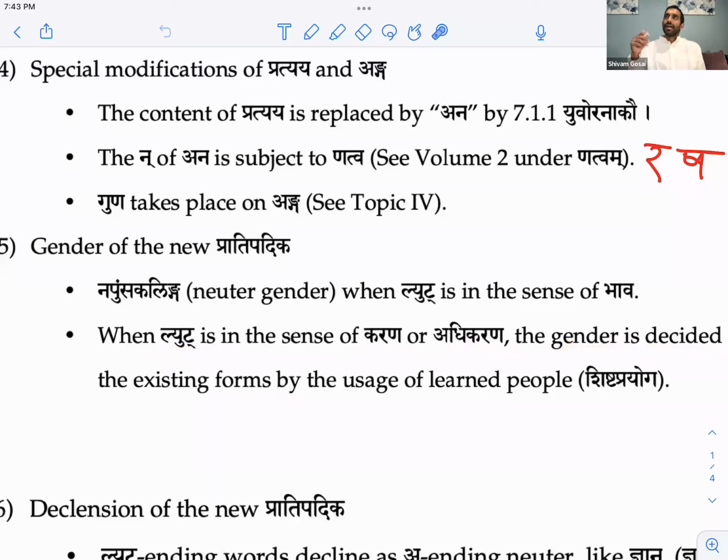Meaning that as Sanskrit students, we're not trying to create our own sentences. We're trying to read and understand the sentences that already exist. And so sometimes you'll see these words used in different genders based on how the language has been passed down.